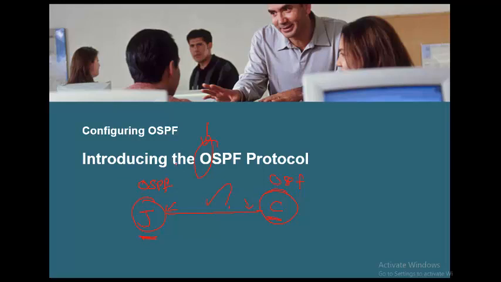So if you learn OSPF in Cisco, it's the same OSPF in Juniper or anywhere. Only the configuration syntax may vary, but they are all the same OSPF, same standard, same topics.